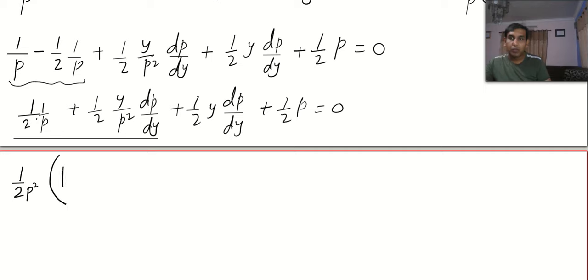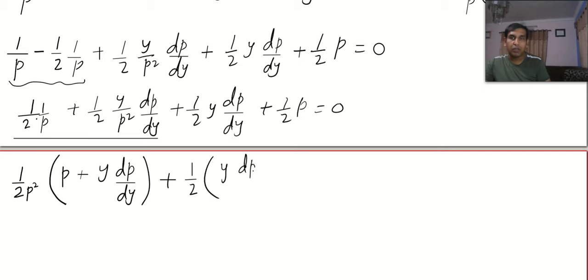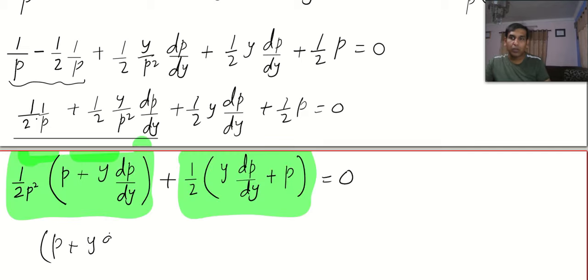So I'll be left with p plus 1 by 2 p square goes outside, y dp by dy plus 1 by 2 is common, y dp by dy plus p. That's it. Now we have the common factor. So p plus y dp by dy.